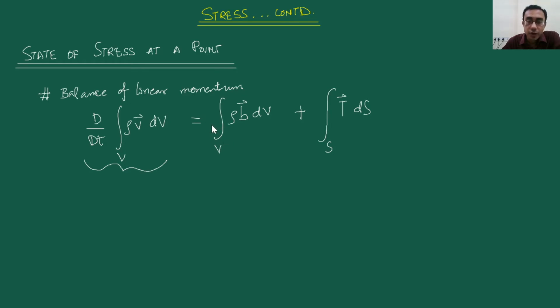You see there is no d/dt term here. Furthermore, our plan later on will be to somehow recast this also in terms of a volume integral, but that is for later. Let's not worry about that right now. So first of all, we'll deal with this left hand side term. Now d/dt of the integral of rho v dV. Okay, now this is the part where I will quicken my pace a little bit.